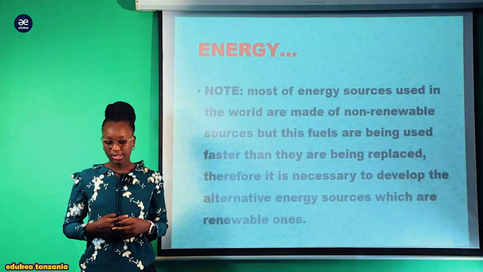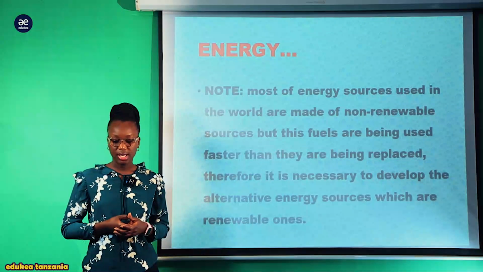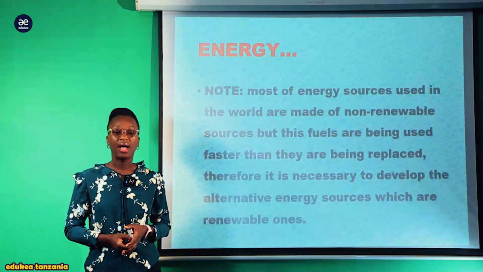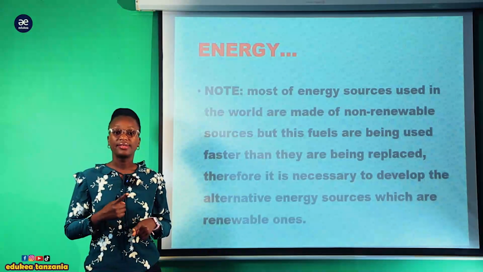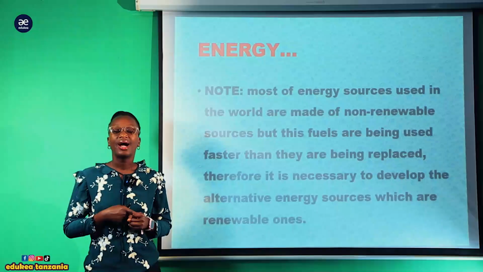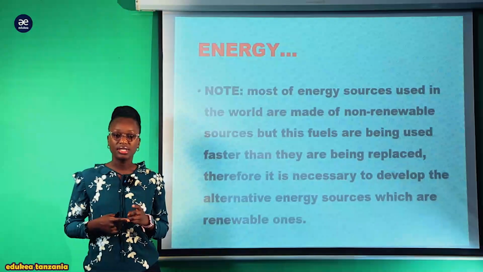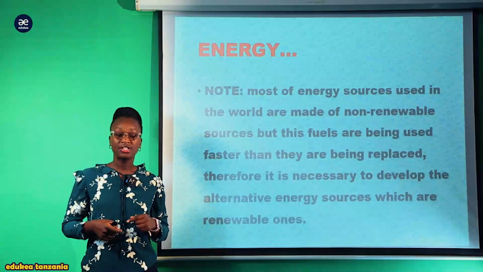Now something to note here, my student, is most of the energy sources used in the world are made of non-renewable sources. Kwamba energy nyingi ambazo zinatumika katika hii dunia ni zile energy ambazo zipo katika non-renewable resources. Kwamba once used, it's difficult to turn it again into use, or it's difficult to replace them.